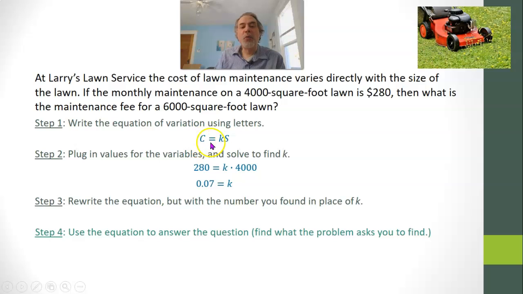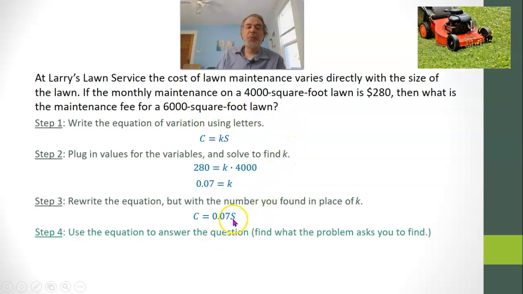So let me go back and rewrite this equation, C equals KS, but instead of just using the letter K there, I'll put in the actual number, 0.07. So C equals 0.07S. Now we can answer the question, what is the maintenance fee for a 6,000 square foot lawn?